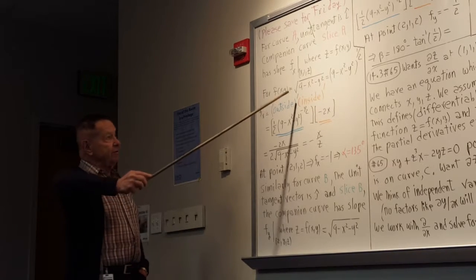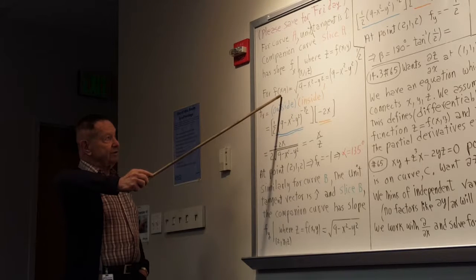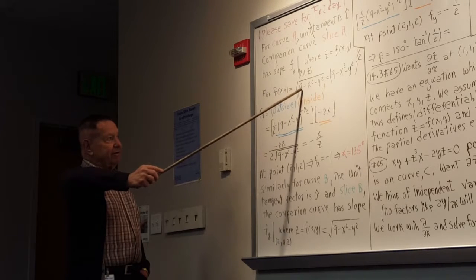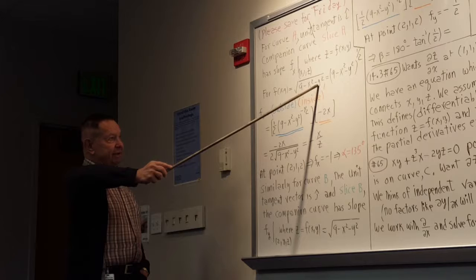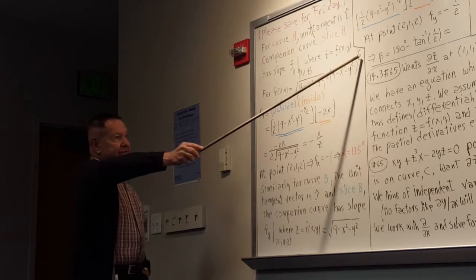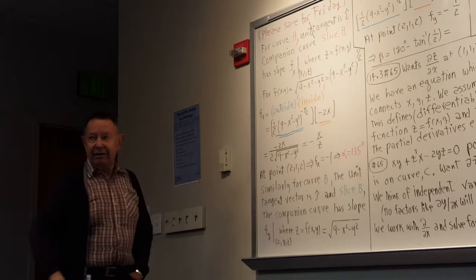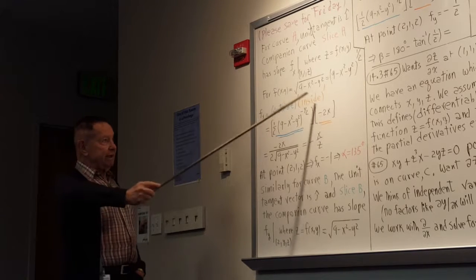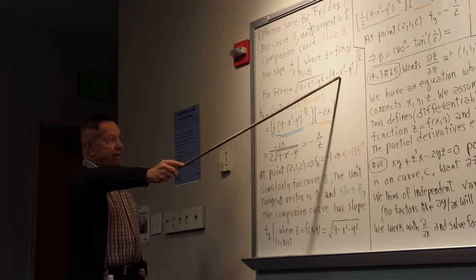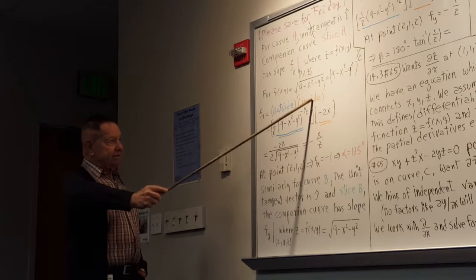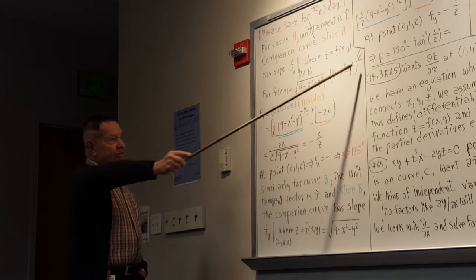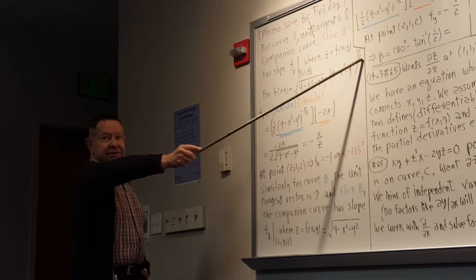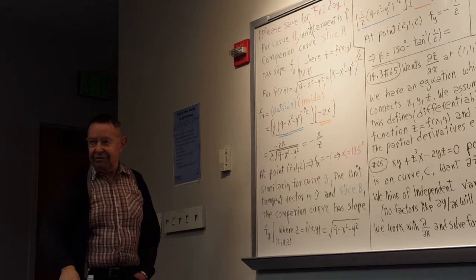So if you're thinking of that surface as the square root of 9 minus x squared minus y squared, which is your half power, your partial with x would be outside prime times inside prime. So the outside function is the half power, or the square root.